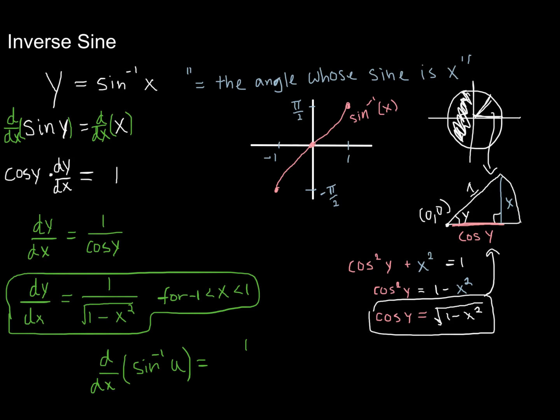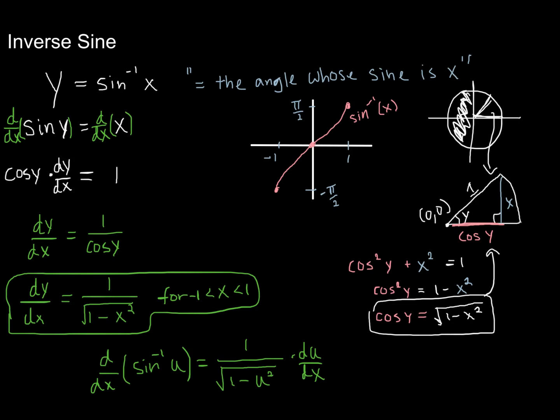So it would be 1 over the square root of 1 minus u squared times the derivative of u with respect to x. And again, this is only for when u is less than 1 and greater than -1, right?